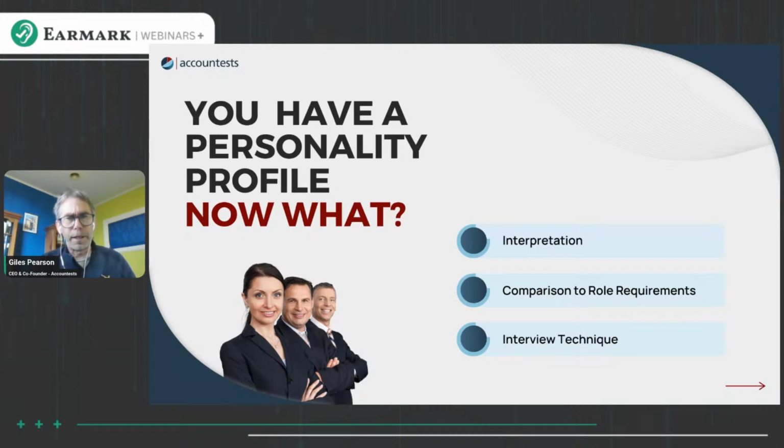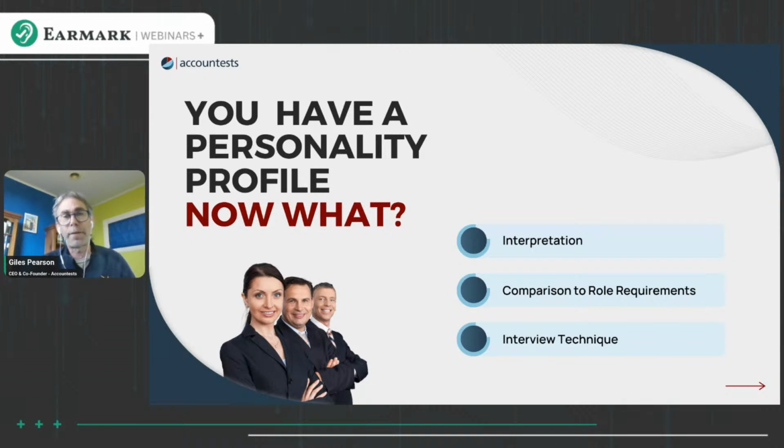In your interview, what you're going to be looking to do is pick out the traits which maybe require a bit more investigation, and focus your interview questions around those. But you need to be careful, because the personality profile tells you how people prefer to work.